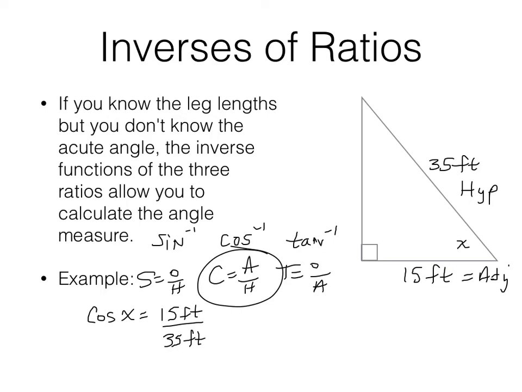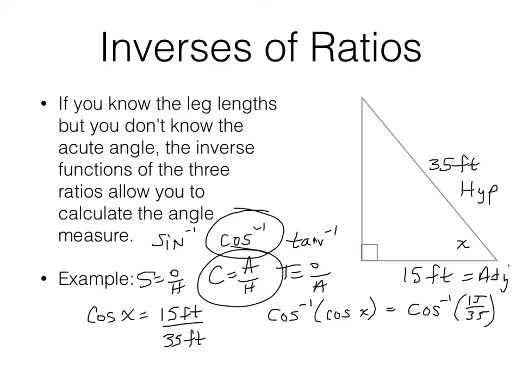Okay? That's all nice, but we don't know what x is. So what we can do is take our inverse cosine function and take the inverse cosine of both sides. So we're going to take the inverse cosine of the cosine of x should equal the inverse cosine of 15 over 35.